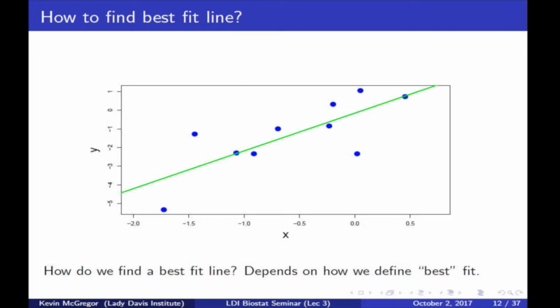All right, so how are we going to find this best fit line? So here I've simulated 10 data points, pictured in blue here. And this green line is our best fit line. So if you remember back to any math classes you might have taken, there are two parameters which define a line.